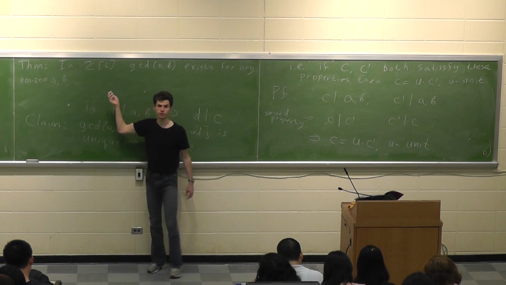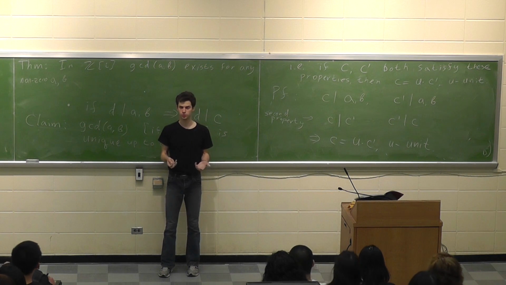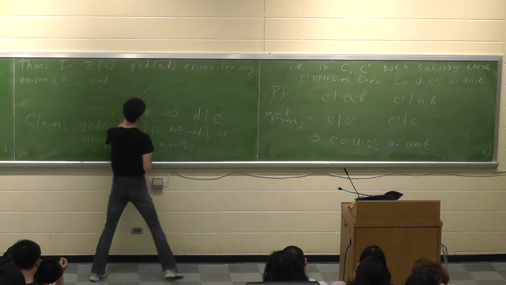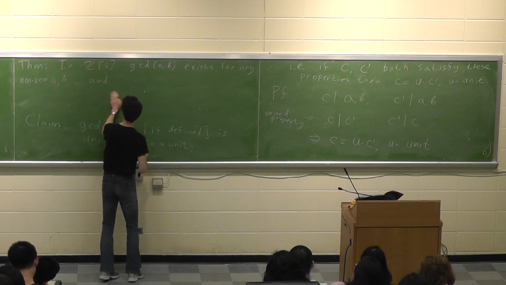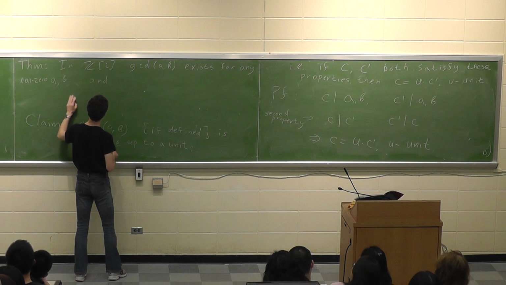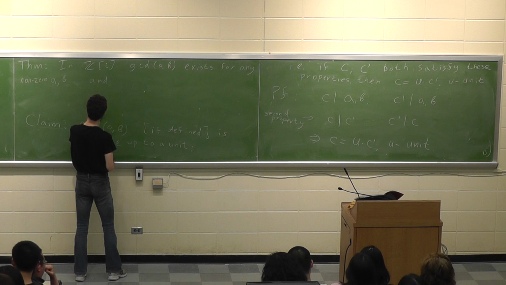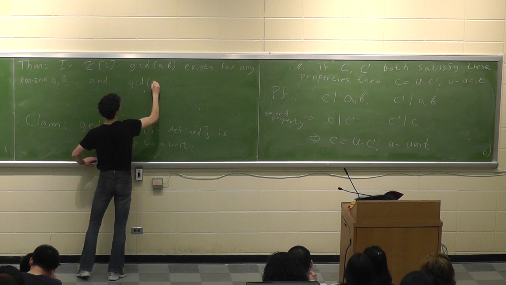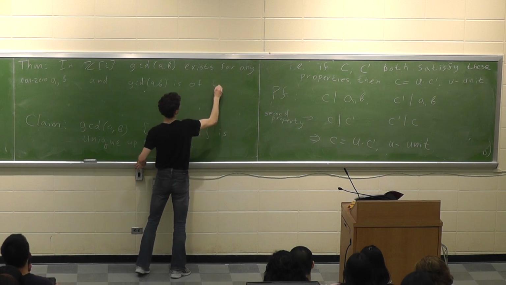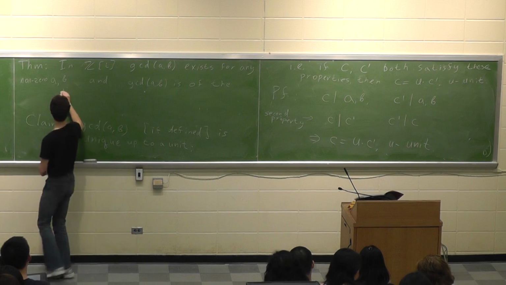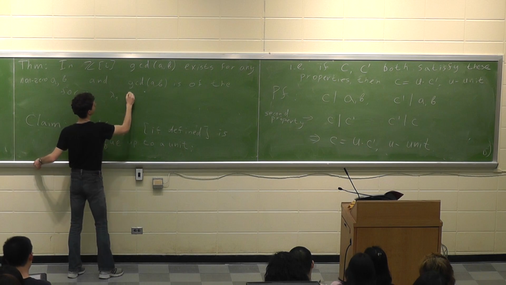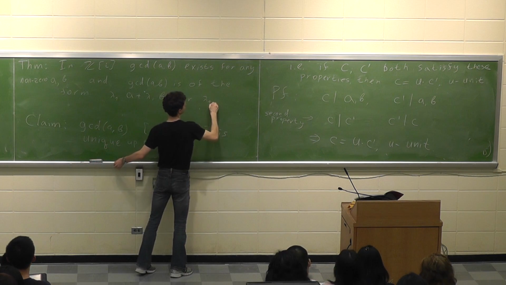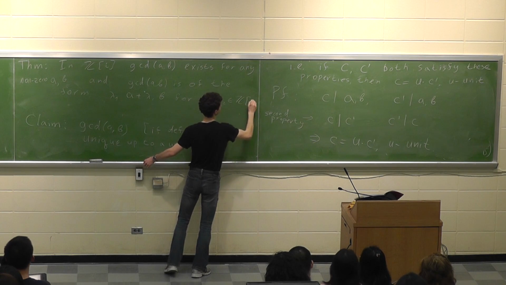For any non-zero Gaussian integers, we can talk about the GCD of these two Gaussian integers, and the GCD of A and B is of the form lambda 1 A plus lambda 2 B, sum of lambda 1 and lambda 2 Gaussian integers.